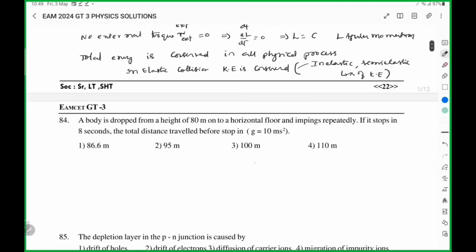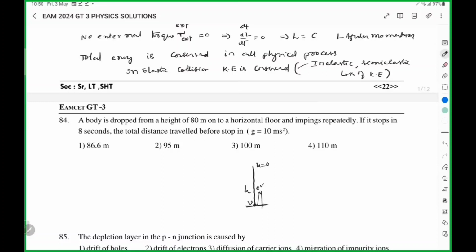A body is dropped from a height h. It impinges repeatedly, it stops after 8 seconds. So it's dropped means initial velocity 0, just before hitting v velocity, and then it rises with e v velocity.